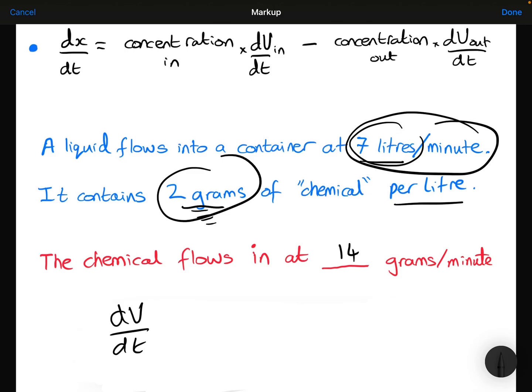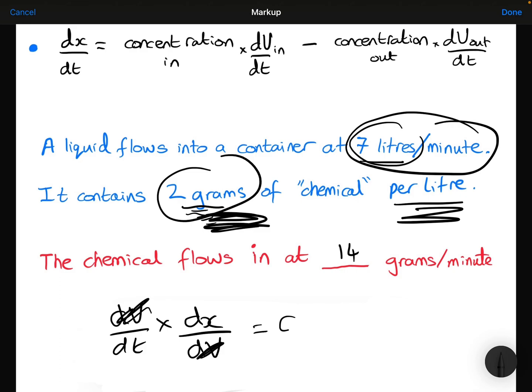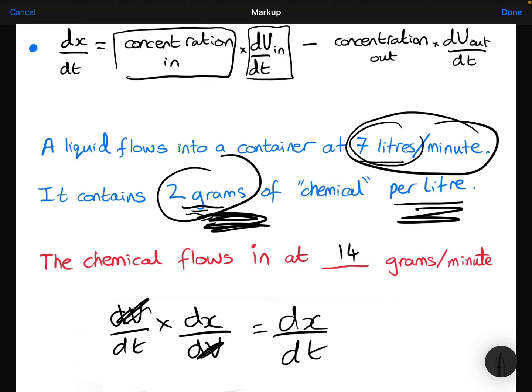Our concentration, the grams per litre, where grams in this case is represented by the variable x, the amount of the chemical we have, per litre, so x over V. You can see that by multiplying these two things together, we do get the rate of change of the chemical. So that is why we are doing the concentration multiplied by the flow rate.